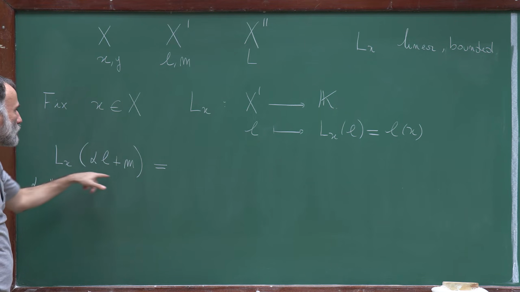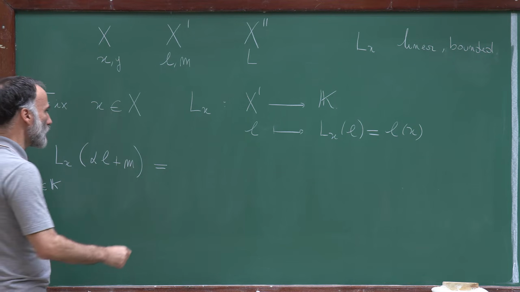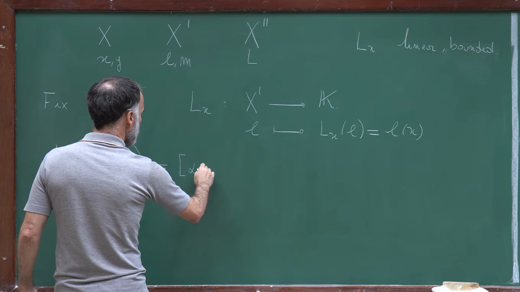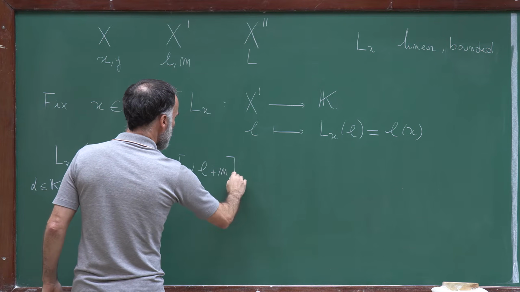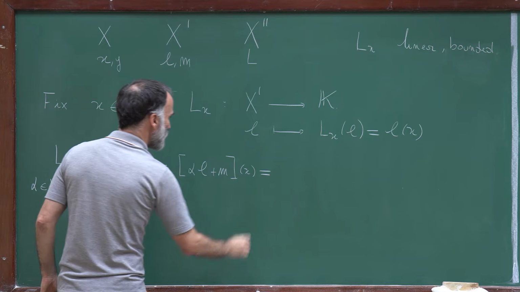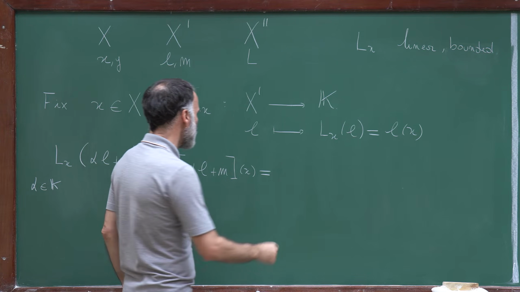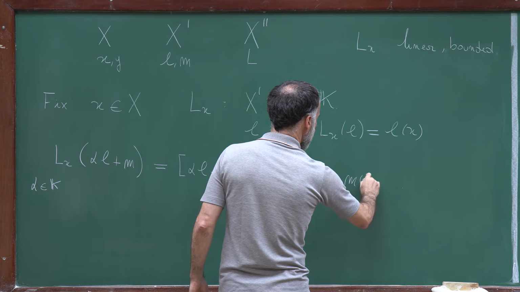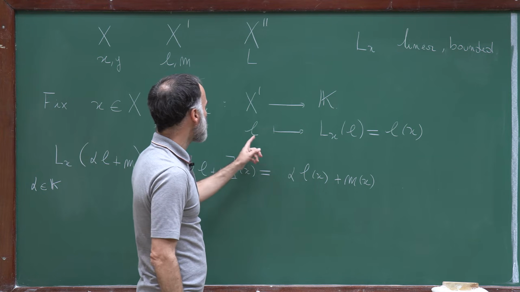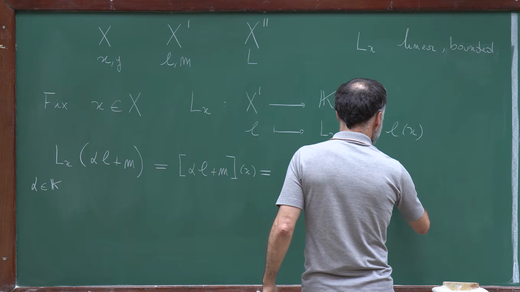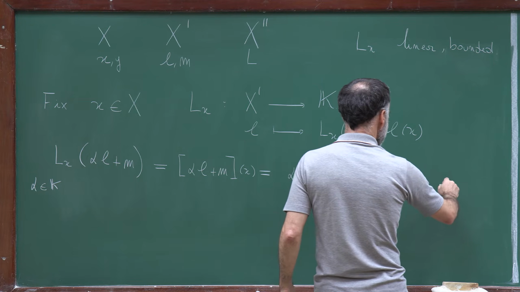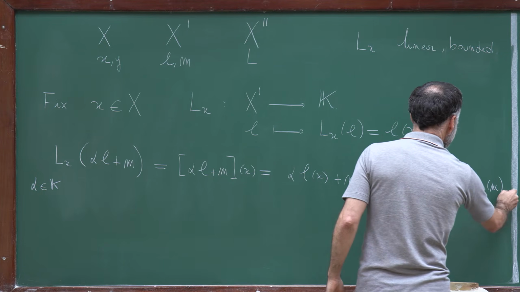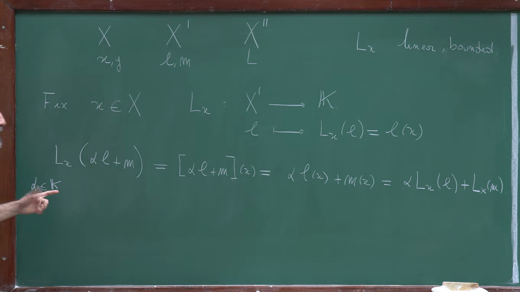So this defines a new bounded linear functional, and by definition, Lx of alpha l plus m is just alpha l plus m computed at x. But this, by definition of this linear functional, is alpha l of x plus m of x. And by definition of Lx, this is alpha Lx of l plus Lx of m. So we see that indeed Lx is linear.